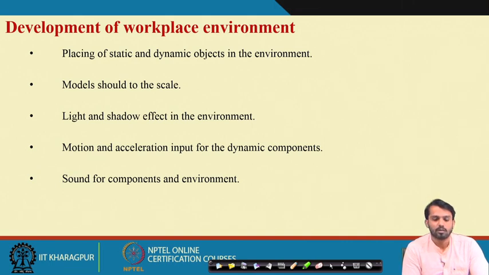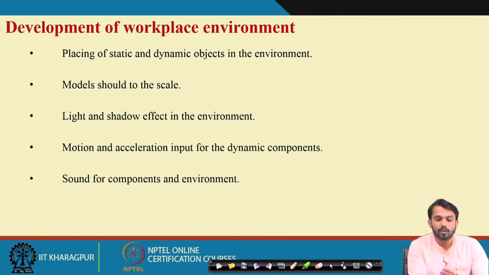So, how will the complete workplace environment be developed? First, as we already discussed, we have to take pictures and videos of the static and dynamic components that are present in the workplace. Then you take the data of the acceleration or motion inputs, or velocity data, of those dynamic objects, and how to place those objects in the environment has to be taken care of.